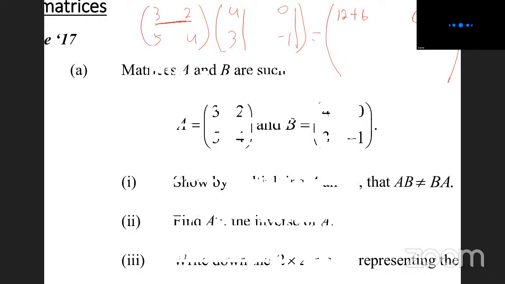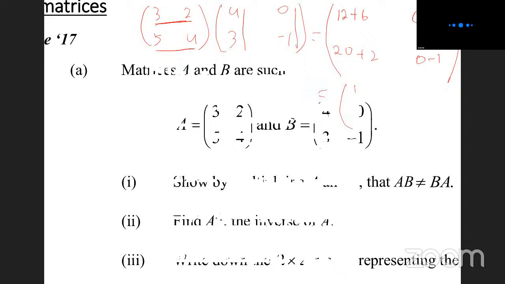So now you finish the first row, next row. Next row, please. 5 by 4, and then 4 by 3. Then go again. 5 by 0, and then 4 by negative 1.